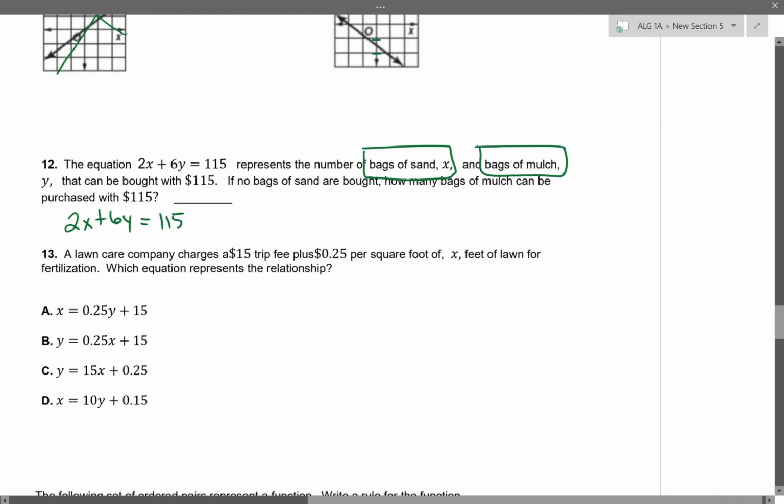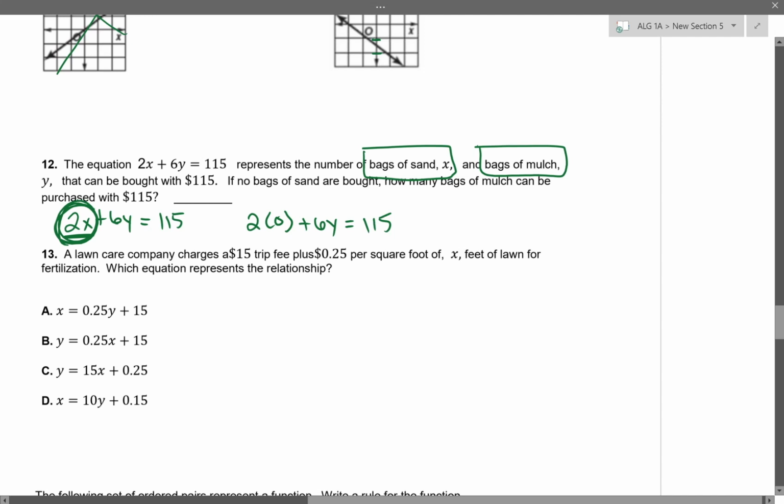And it says if no bags of sand are bought, so that means if my x was 0, how many bags of mulch can I buy? So if x is 0, so 2 times 0, how many mulch can I buy?